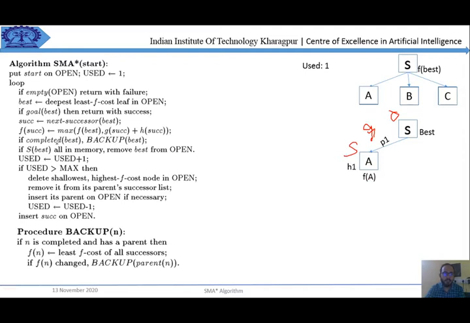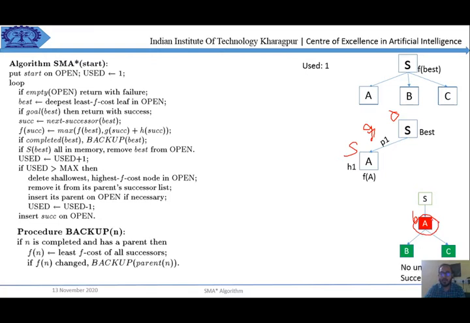I can explain this with this particular graph. Suppose at any point of time there are two successors of A, B and C, and suppose B and C have already been traversed, and when looping again, A comes as the base node. Now that node becomes a completed node because all the successors of the node have been traversed, so there is no unexamined successor left.